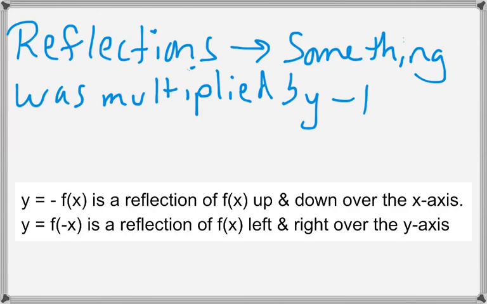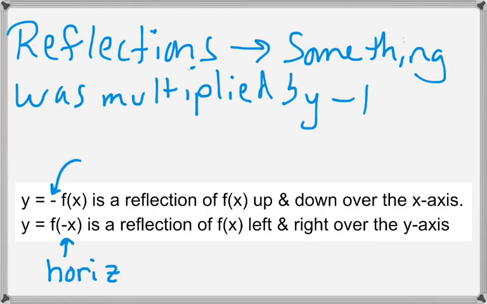If we go inside the function and replace x with -x, so basically multiply x by -1, then that's going to be a horizontal reflection. If you've watched the video on shifting, we talked about the fact that any change inside with x changes the x direction, which is the horizontal direction.